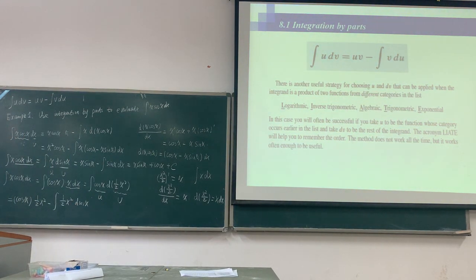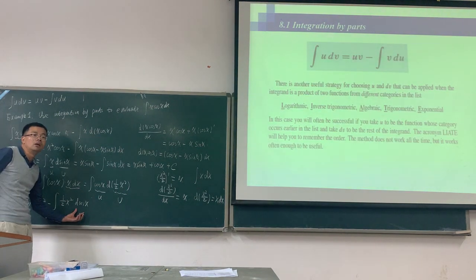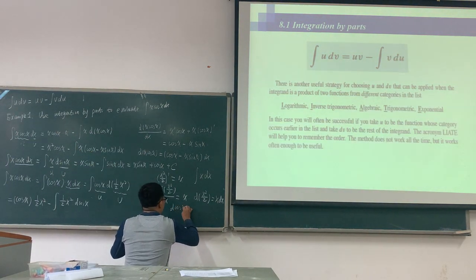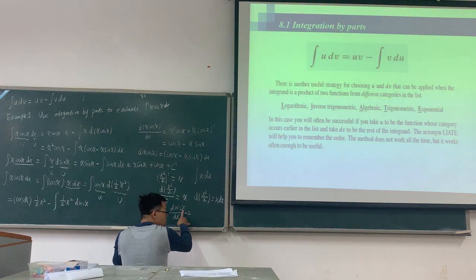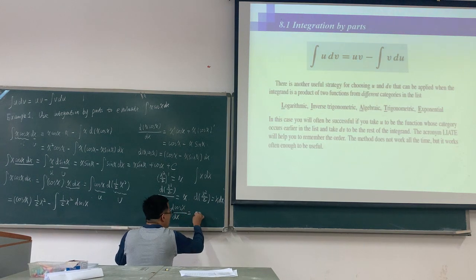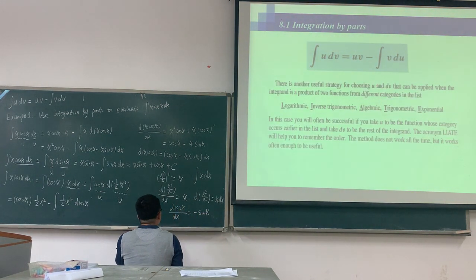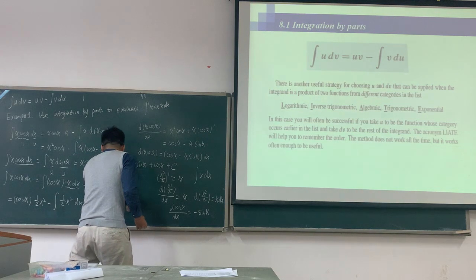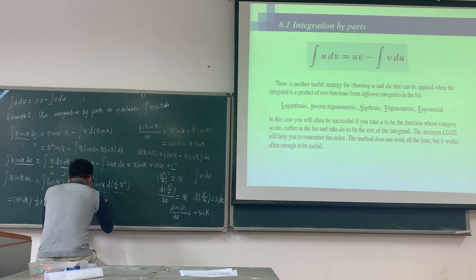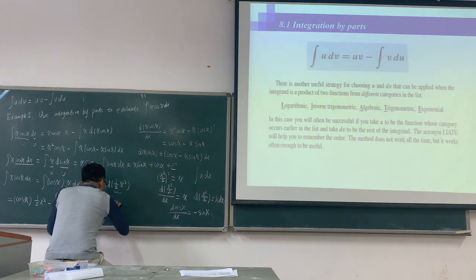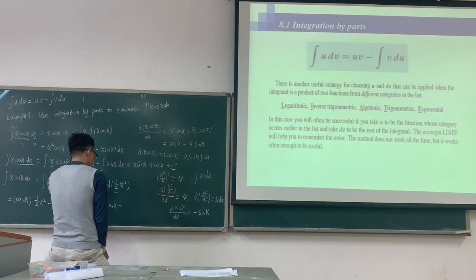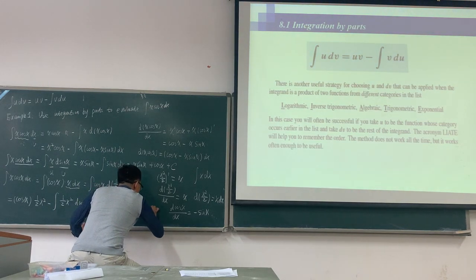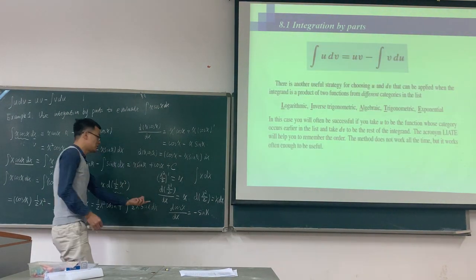The derivative of cosine is minus sine, so d cosine x equals minus sine x dx. So this equals 1/2 x squared times cosine x minus the integral of 1/2 x squared times minus sine x dx, so minus becomes plus.